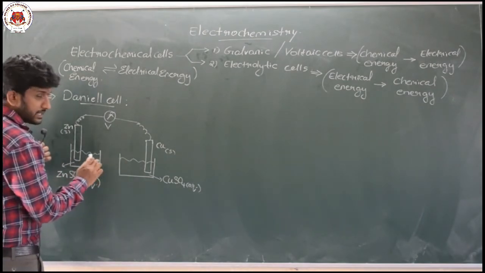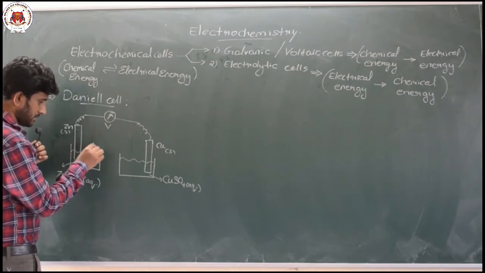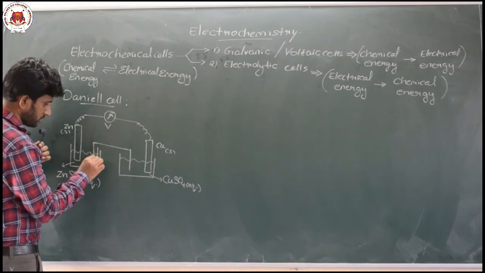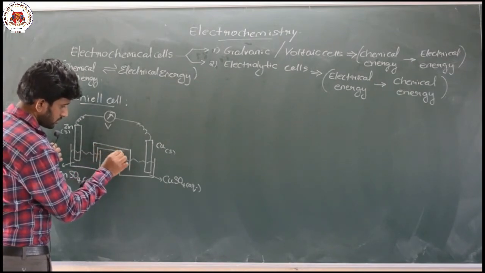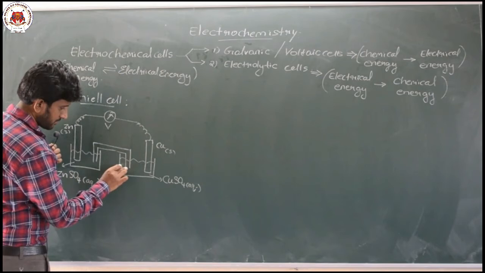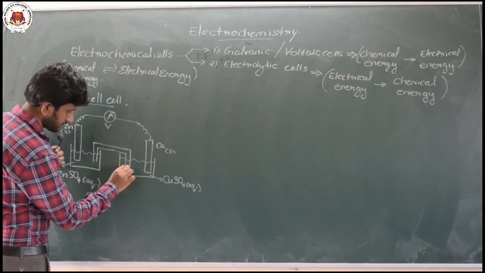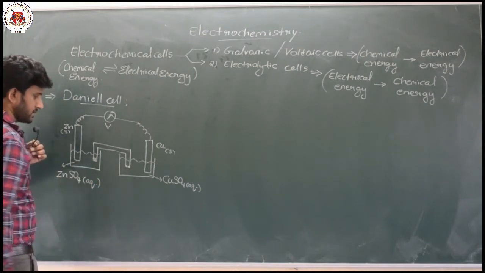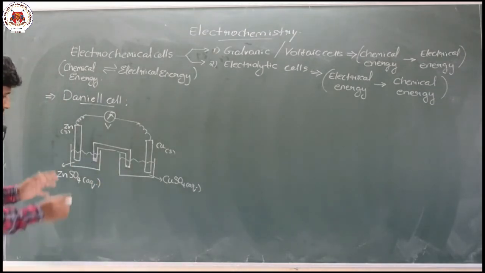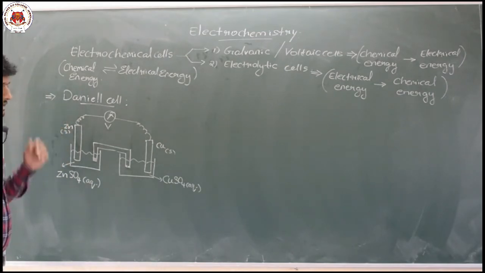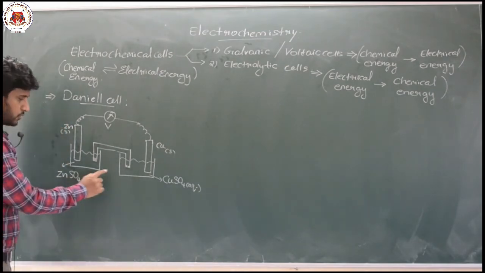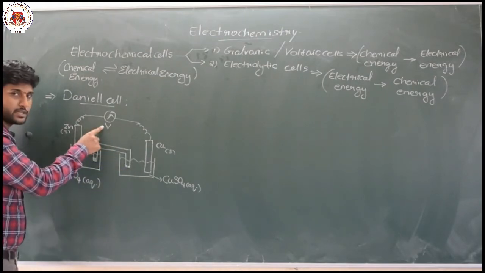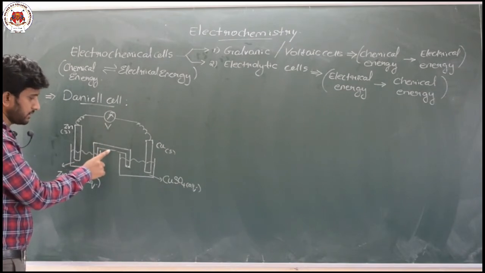And these two beakers are also connected to each other through a salt bridge. This is the basic construction of the Daniell cell. It contains two beakers, two electrodes, one ammeter or voltmeter, and one salt bridge.